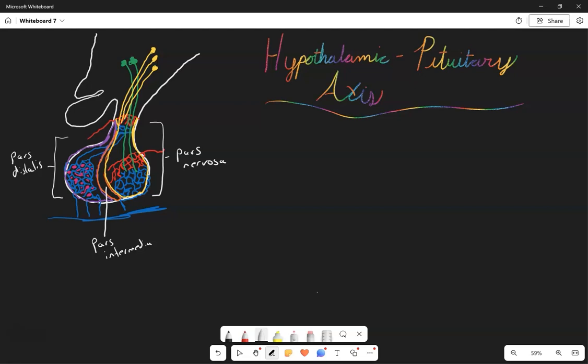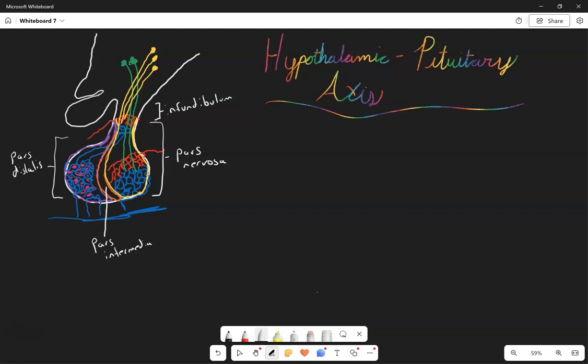So what you're going to notice is that these neurons up here in the hypothalamus, if we follow them down, where they end is a little bit different. Okay, so the pars nervosa, we notice that the neurons come all the way down through this little stalk region, which is known as the infundibulum. They come all the way down and end or terminate at the blood vessels in the pars nervosa.